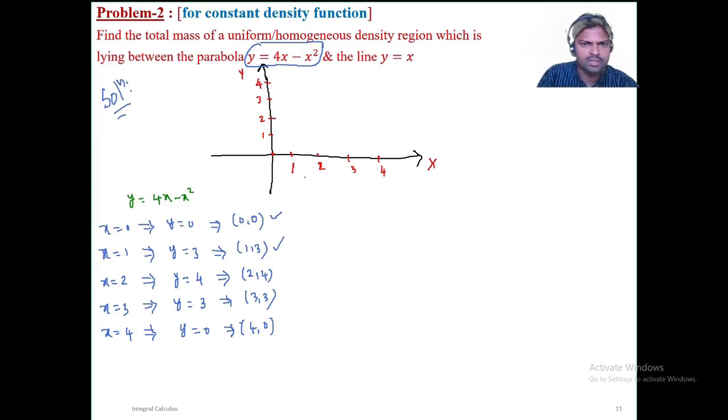Next 1 comma 3. Next 2 comma 4. Next 3 comma 3, so this point is 3 comma 3. Next 4 comma 0, so this point is 4 comma 0.